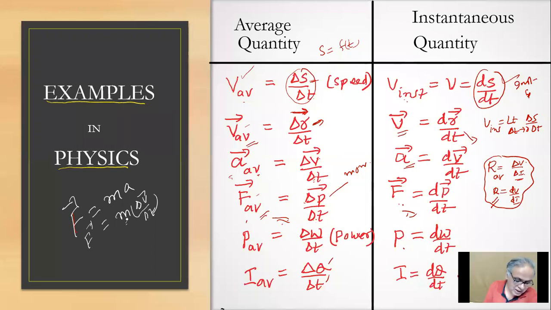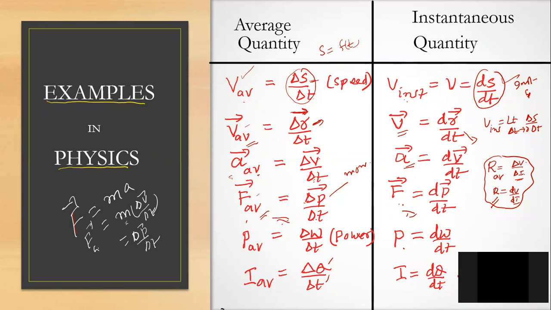Since m is constant, I can take it out, but it is the same as this. If I take it inside, this becomes delta mv, which means delta p by delta t, F average. This m is taken inside, this becomes momentum. Otherwise, m into average acceleration also you can write, because m generally will be constant.